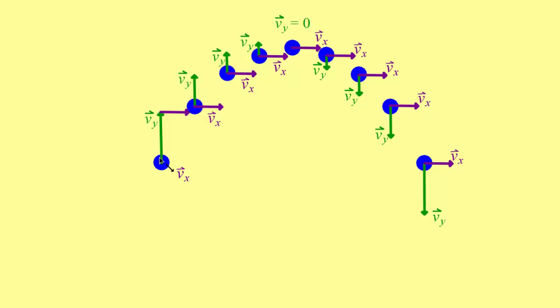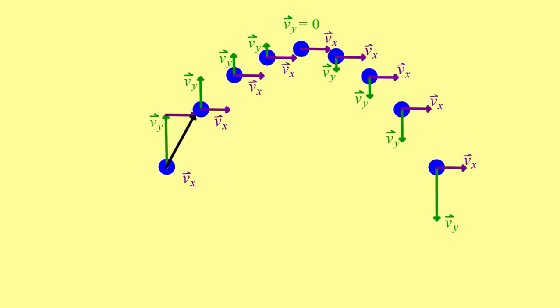And when I add those together, my resultant vector is going to go from the tail of the first arrow to the head of the last arrow. And that would be our velocity, our complete velocity for that point in time, which happens to be our initial velocity in this scenario. And this vector makes sense because our projectile is moving up and to the right in this general direction. So the velocity arrow tells us about which way it's going.